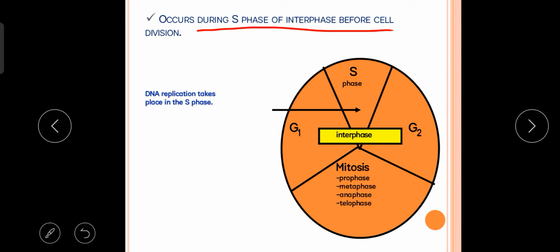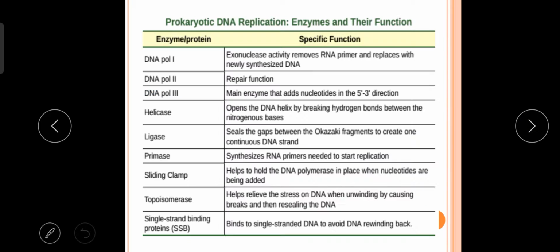S means synthetic phase. So DNA replication occurs during the S phase of interphase of the cell cycle or cell division.